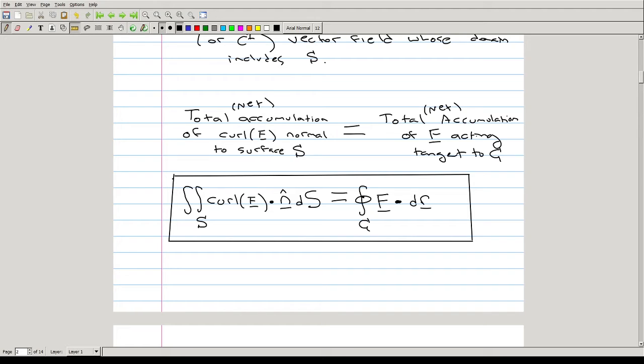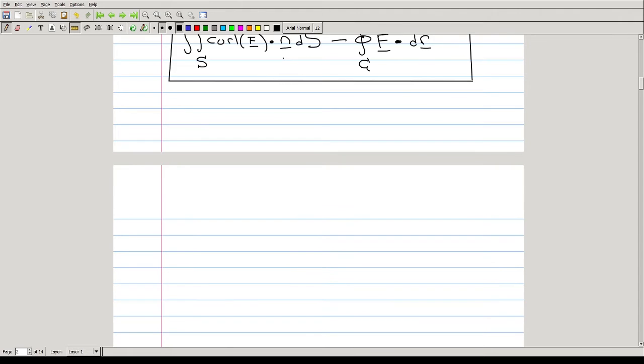What this proof really breaks down to is the use of Green's theorem in the plane in a very special way. So we'll prove this for a relatively simple surface.